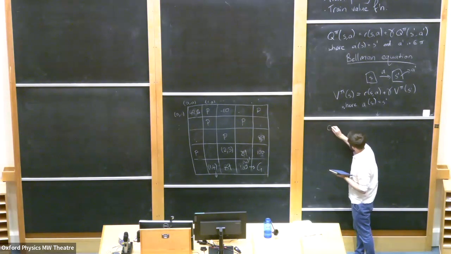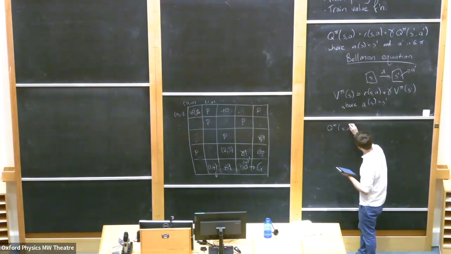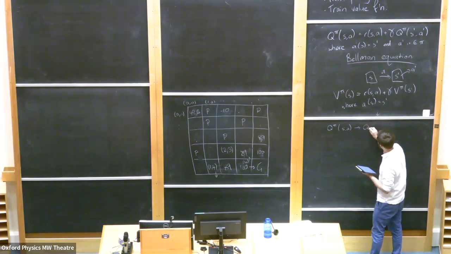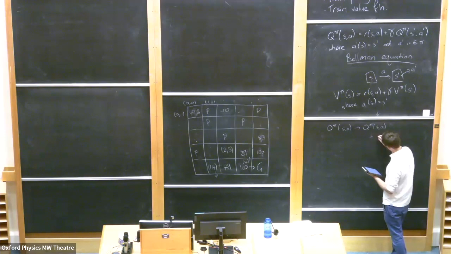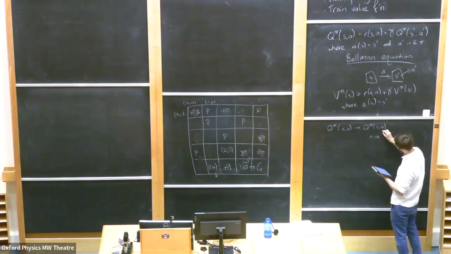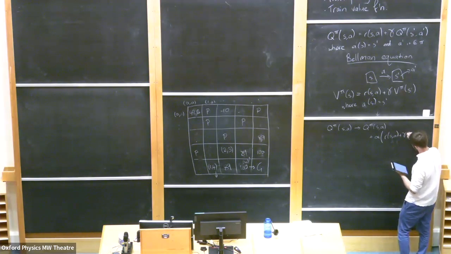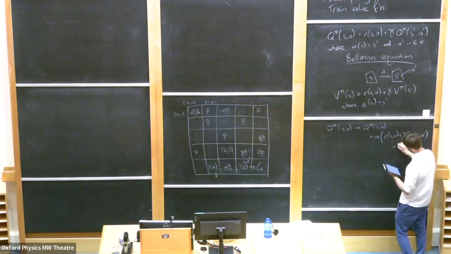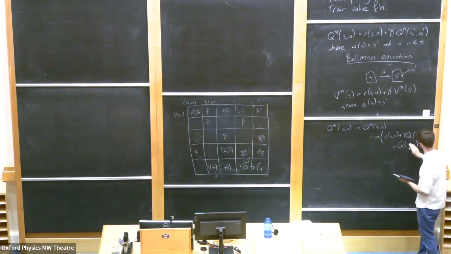What you might try to do is instead update your Q value a little bit. You might say, keep the same values as before, but update by a little bit alpha, where alpha is called a learning rate, times the difference between the right-hand side of the Bellman equation and the left-hand side of the Bellman equation.